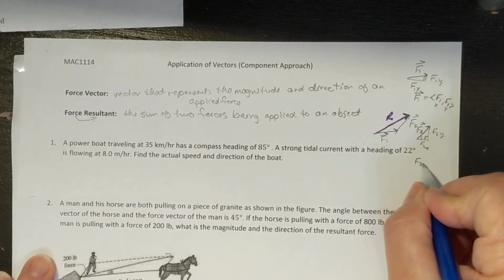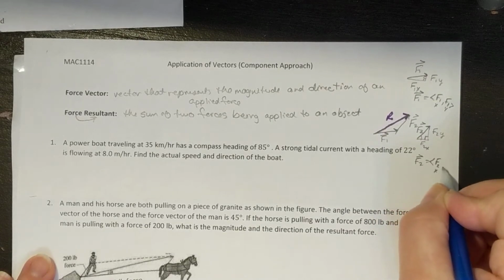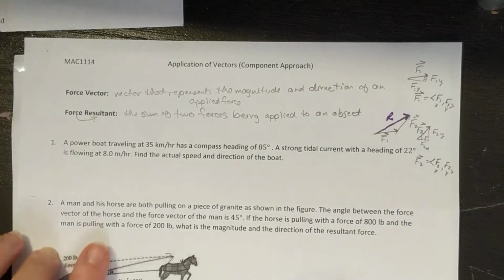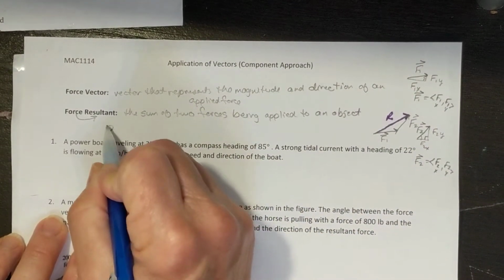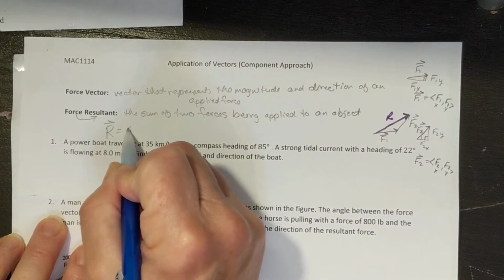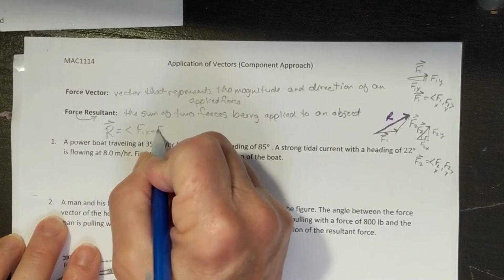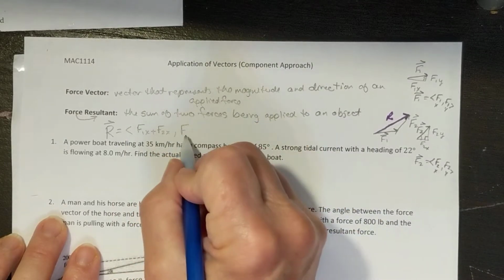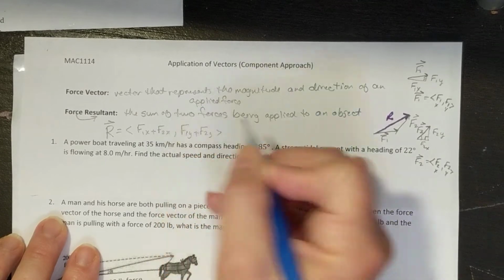So F2 is comprised of F2x and F2y. Now, to get the resultant vector R, it is the sum of the x components, F1x plus F2x, and the sum of the y components, F1y plus F2y.